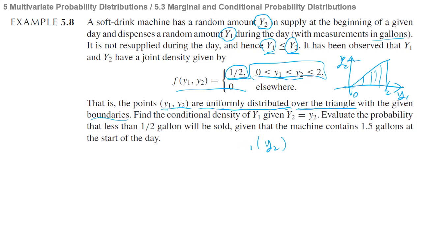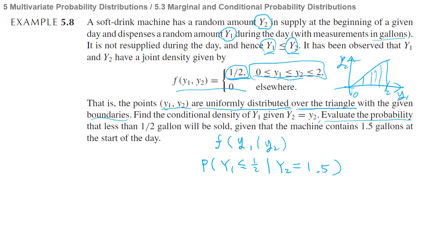So the first problem is to find the density f(y1 | y2), and the second problem is to evaluate the probability that Y1 is less than 1 over 2 gallon, given that the machine initially contains 1.5 gallon. Okay, so the problem is two things.